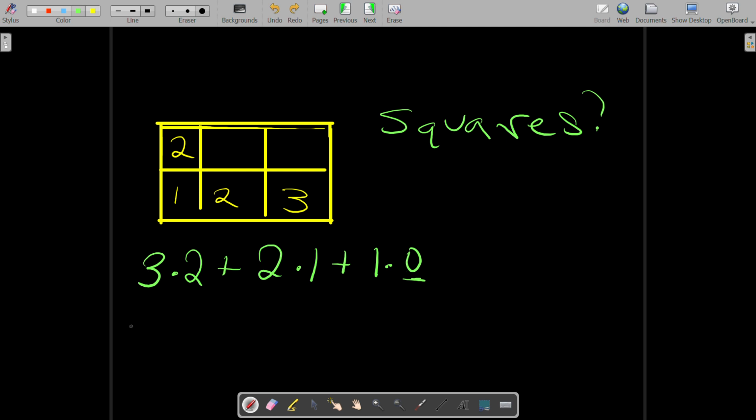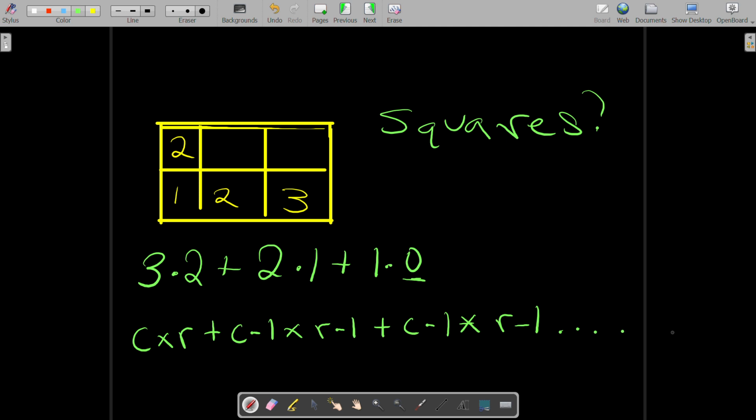So this might look confusing, so let me write it out. So we'll start off with columns times rows, plus columns minus 1 times rows minus 1 plus columns minus 2 times rows minus 2, and then so on until we reach column or row equals 0.